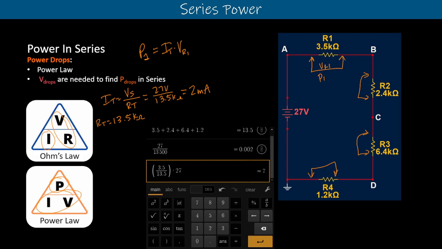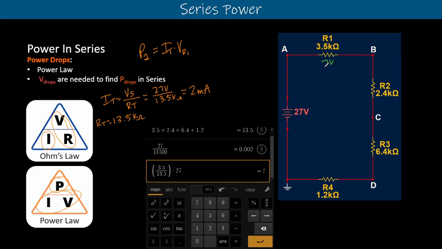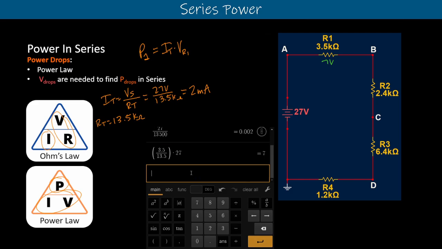So let's erase some of these, and we'll plug some of these values we know into our circuit. We know that we lost 7 volts across R1. That's our voltage drop, VR1. We want to find our power through that, so we can plug that into our total current equation here. We have our total current of 0.002. That's our milliamp value in amp form.